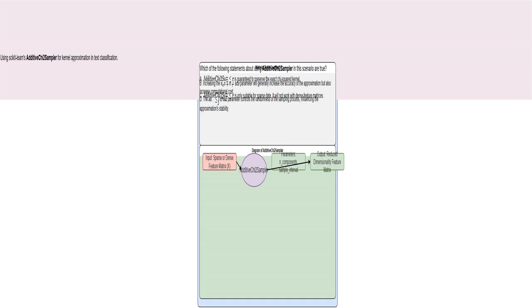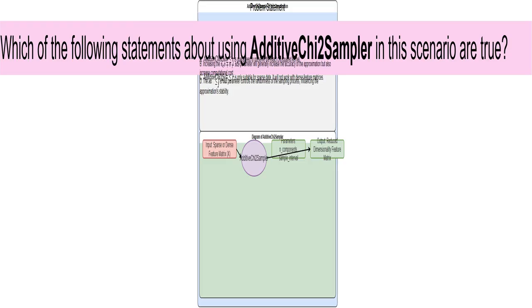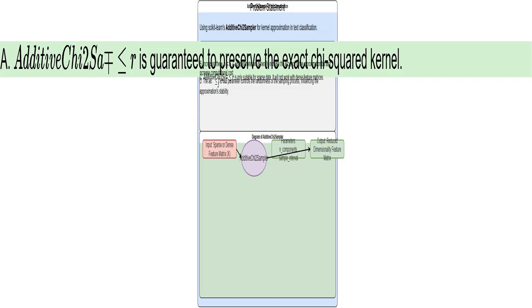word relationships. I'm going to test your understanding with a multiple-choice question about how AdditiveChi2Sampler behaves and what it can do. Let's see if you can accurately describe AdditiveChi2Sampler's properties based on the scenario. This statement checks if you understand that AdditiveChi2Sampler only approximates, not perfectly replicates, the chi-squared kernel.